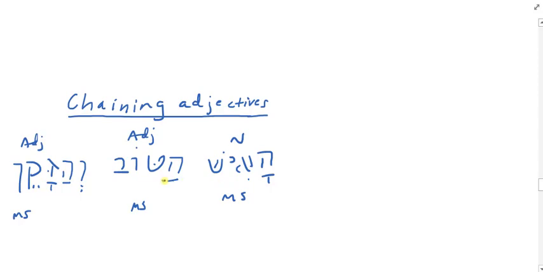In English, how am I going to translate that? I'm going to translate that as the good and elderly or old man. Okay? So it's giving me two attributes of the man, good and elderly.